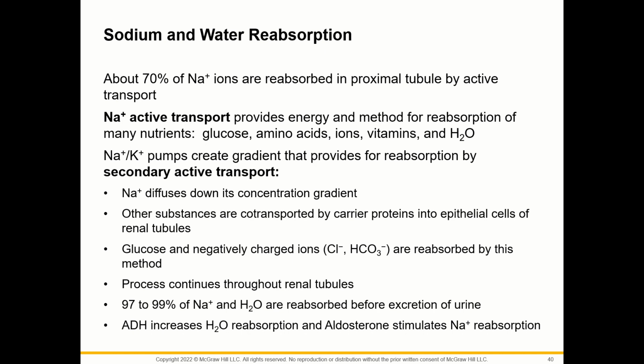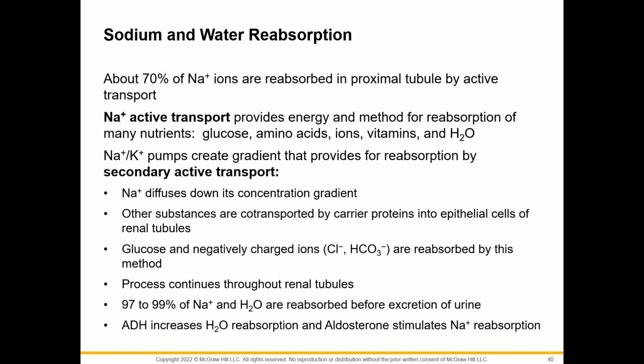The sodium-potassium pumps create a gradient that provides for reabsorption by secondary active transport. Sodium diffuses down its concentration gradient. Other substances are co-transported by carrier proteins into the epithelial cells of the renal tubule. Glucose and negatively charged ions are reabsorbed by this method. The process continues throughout the renal tubules.